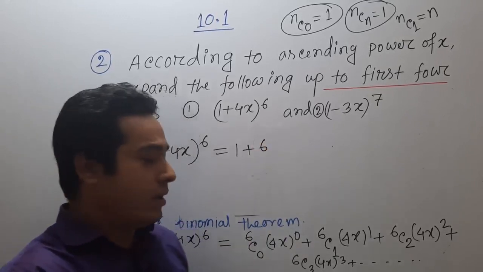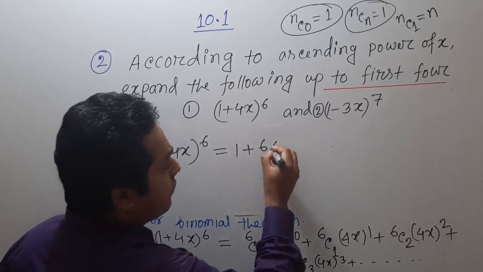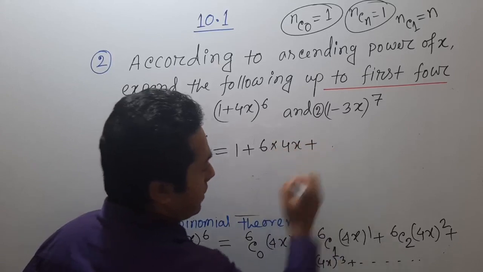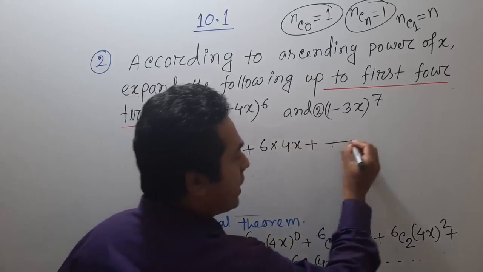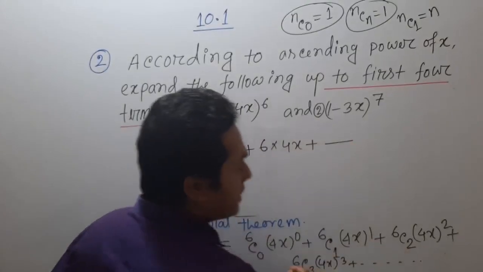So 6 into 4x, plus 6C2. How can we express 6C2?